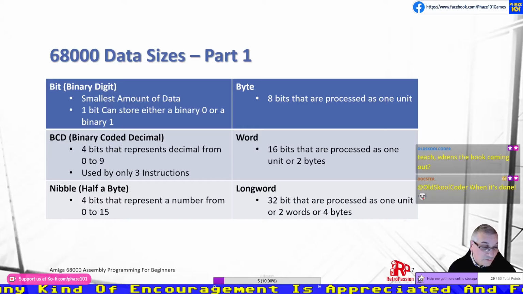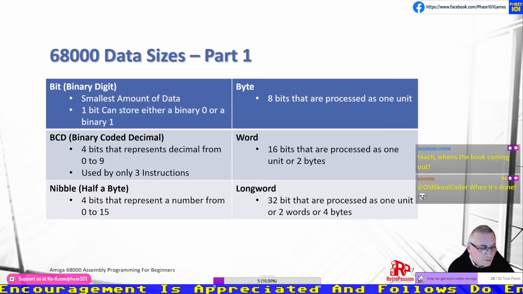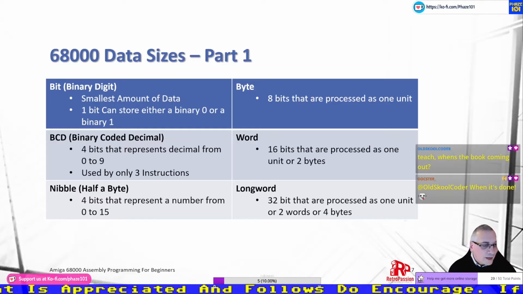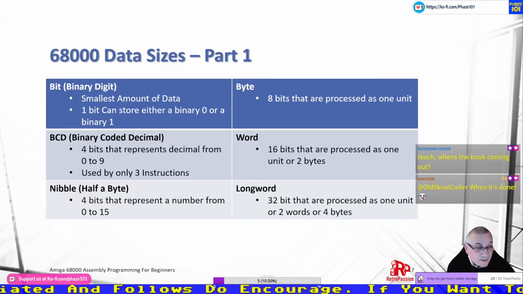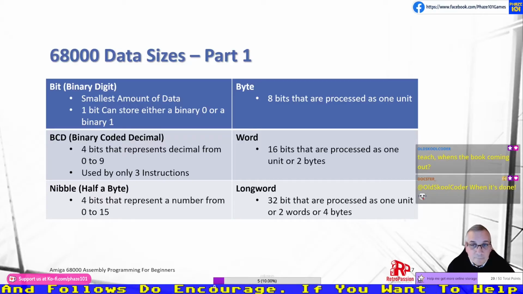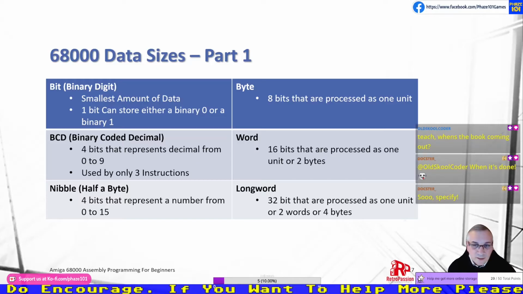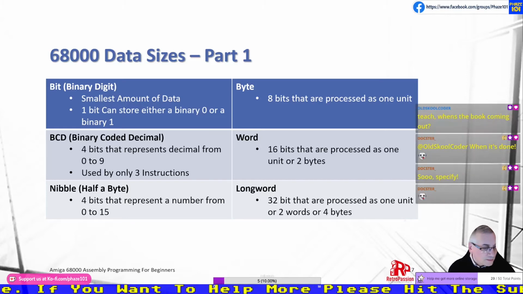So if you don't specify it, the CPU will assume that you're trying to work on a word, so 2 bytes, okay? I recommend that you always specify the size. So you can specify a byte, you can specify a word, or you can specify a long word, which is 32 bits.